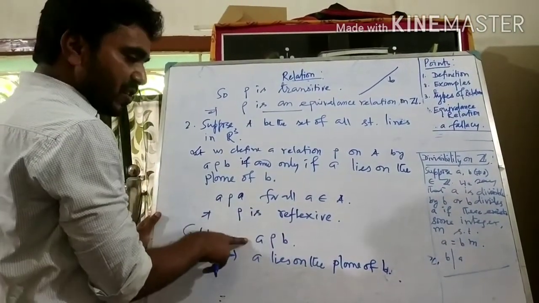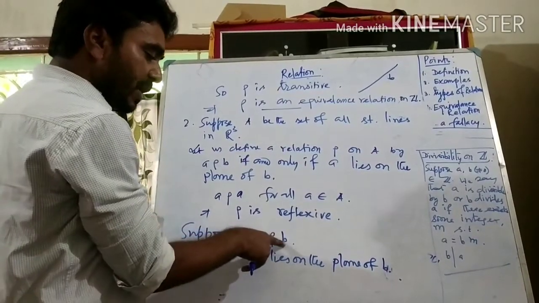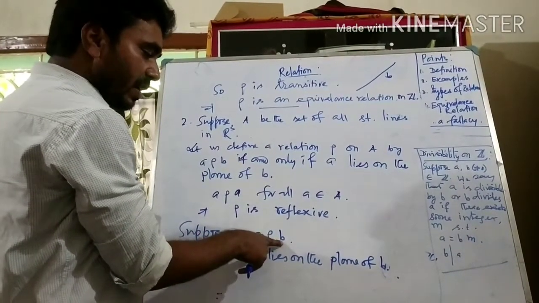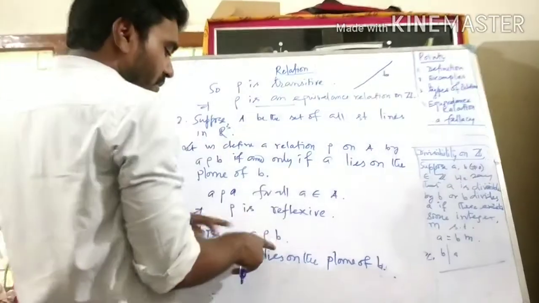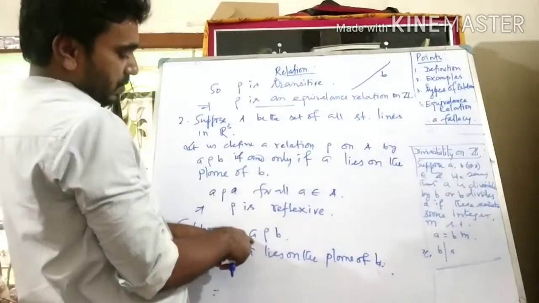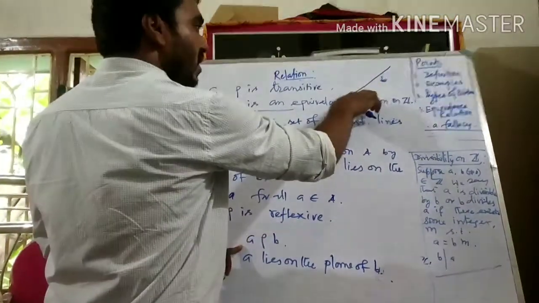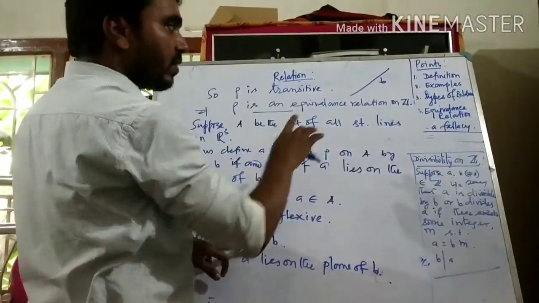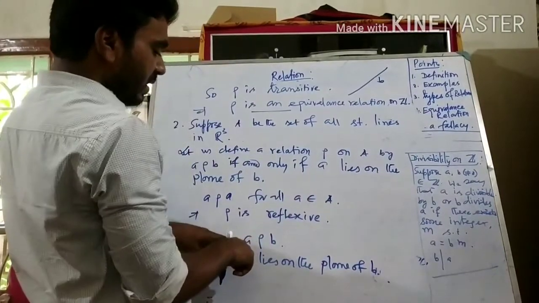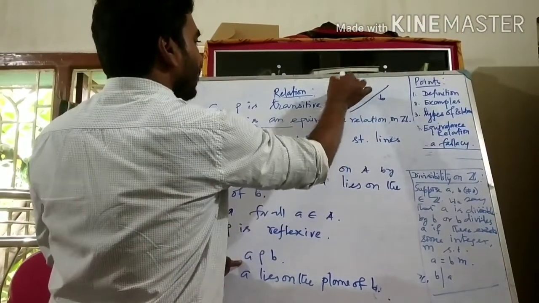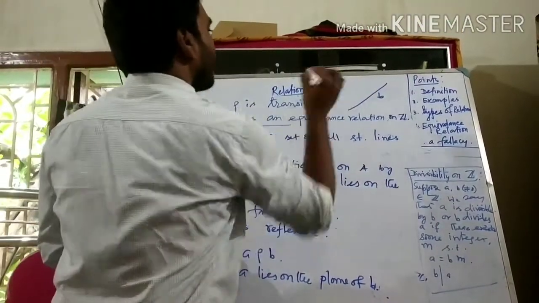To prove the symmetricness, we have to show that B lies on the plane of A. The first assumption says that, suppose this is my straight line B and this is my plane containing the straight line B, and this implies on that plane A lies.